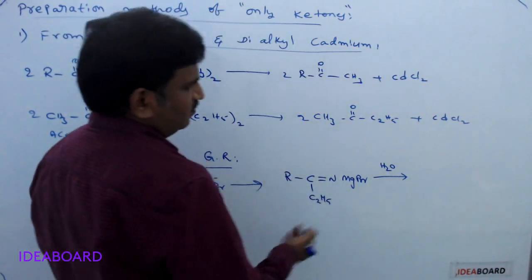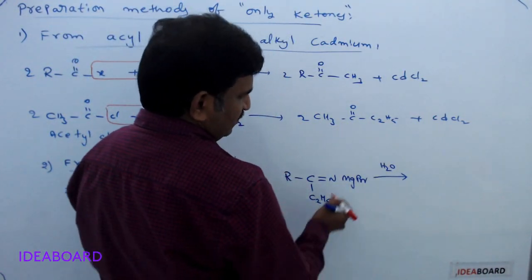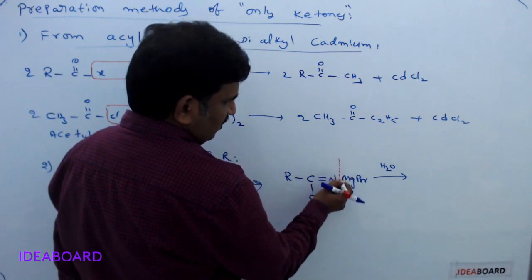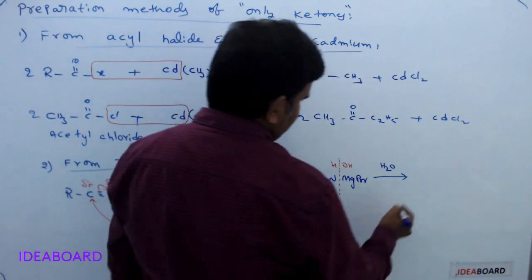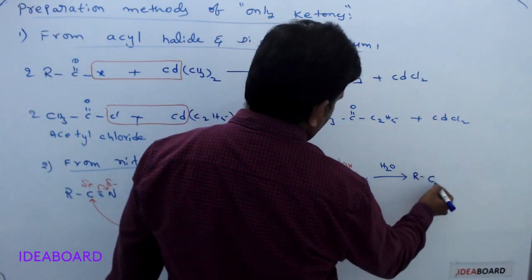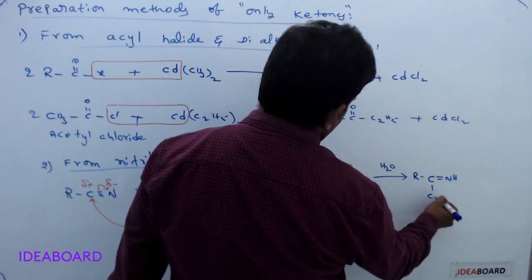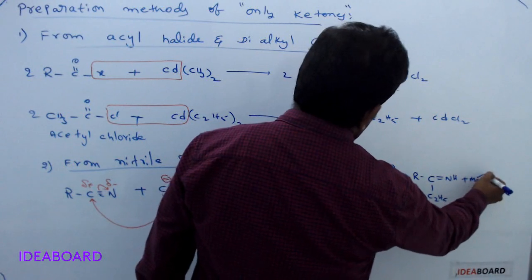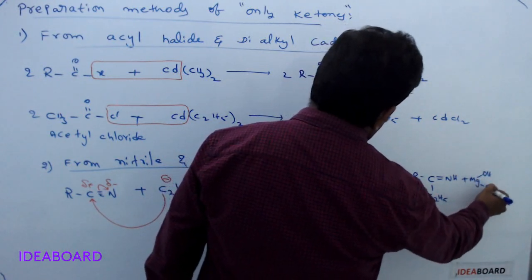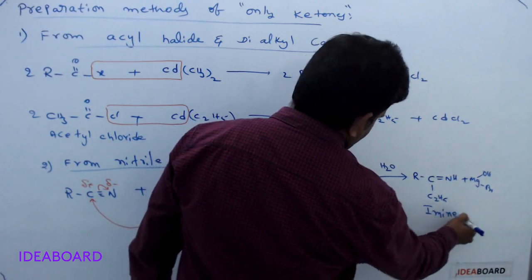By hydrolysis, first it forms an imine. Here the bond dissociates, and H and OH are added. Then we get RC(=NH)C2H5 and MgOH, and Br is released.